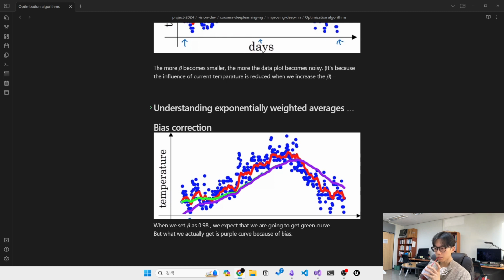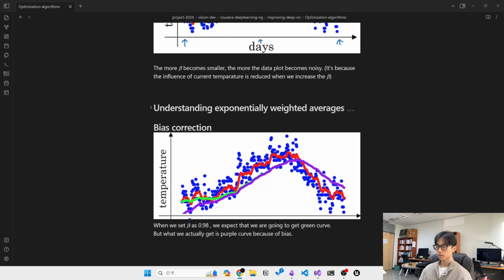But v0 is equal to 0, so that term just goes away. So v1 is just 0.02 times theta 1. That's why if the first day's temperature is, say, 40 degrees Fahrenheit, then v1 will be 0.02 times 40, which is 0.8. So you get a much lower value down here. So it's not a very good estimate of the first day's temperature.